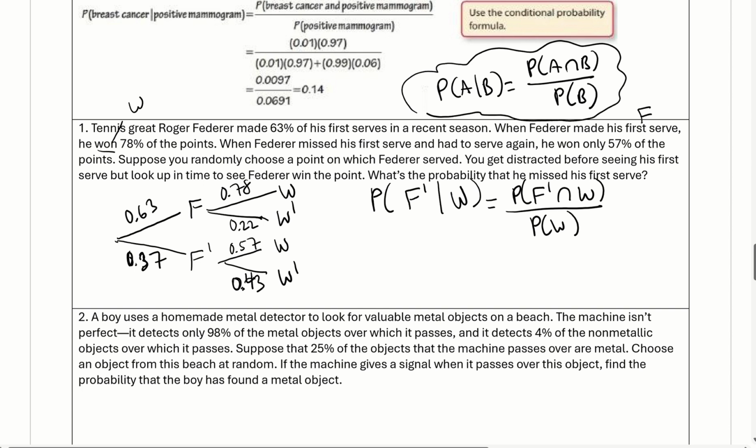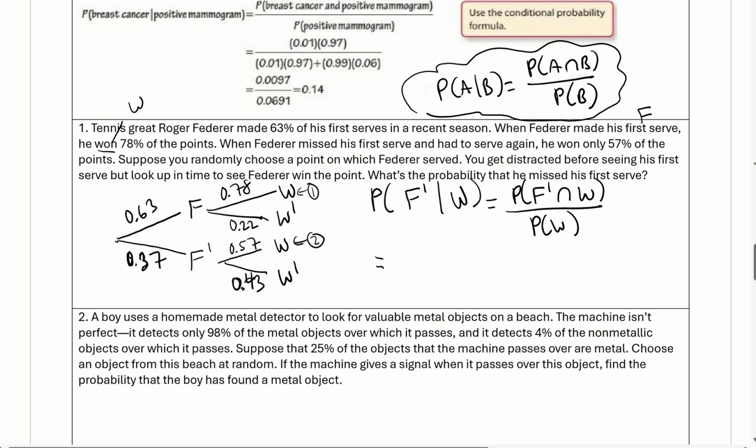All right, and so what's the probability that he wins the point? Well, there's two pathways for that, right? So the number 2 pathway you're going to do in the numerator, and then number 1 plus 2 you're going to do in the denominator.